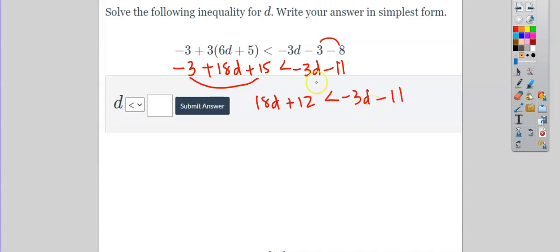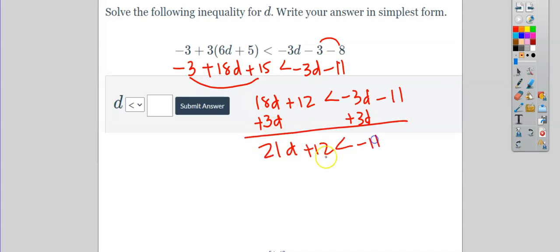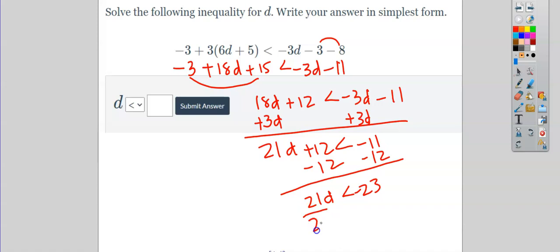I'm going to move my 3d to the other side. Subtract 12. Okay, and we're going to divide by 21.